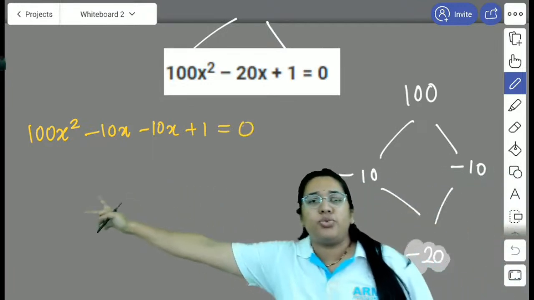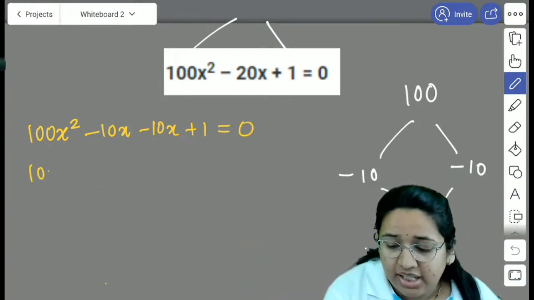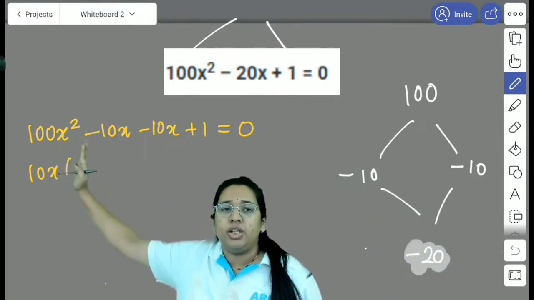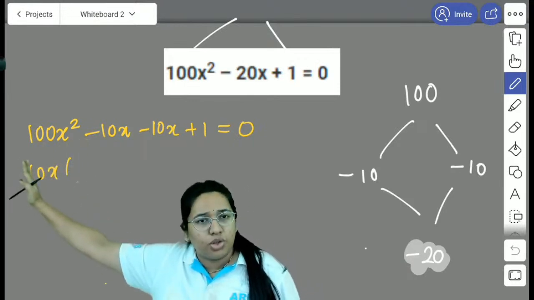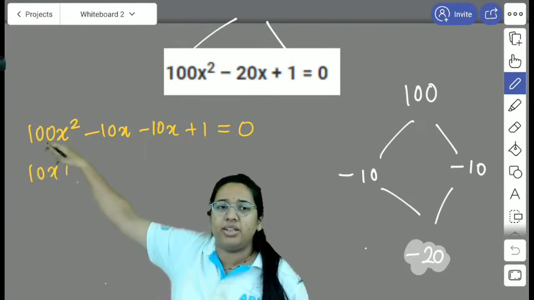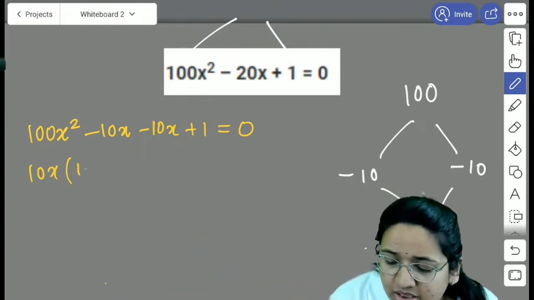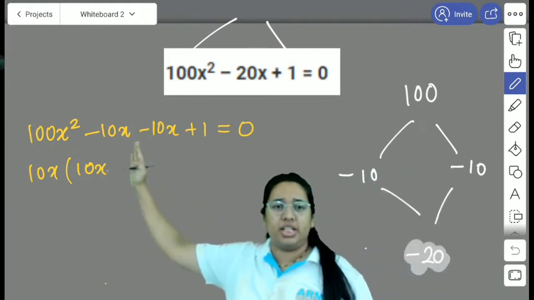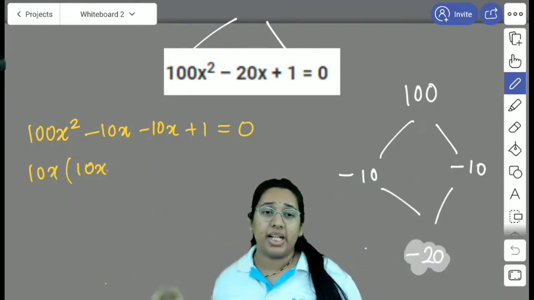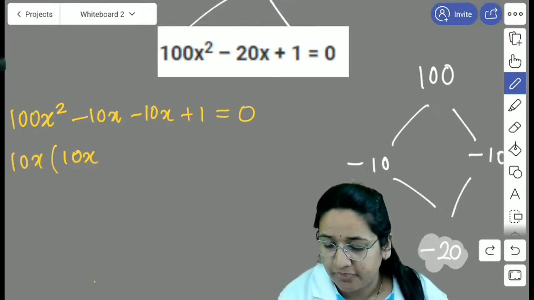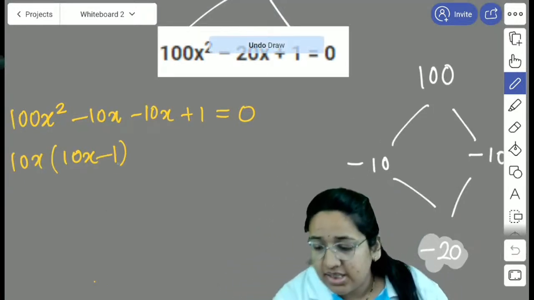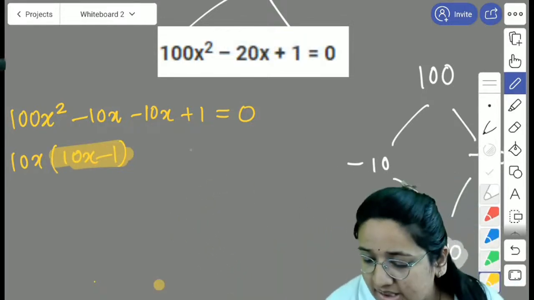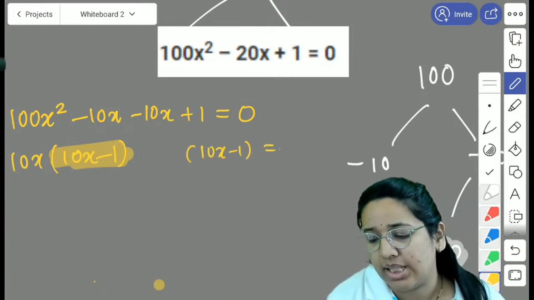So from the first two terms, I can take 10x common. The first part is 100 times x square; if you take 10x out of it, you divide the first term by 10x, and obviously its answer will be 10x. And then there will be only minus 1. Now the second part is that we just have to repeat the whole bracket as it is, that is 10x minus 1 equals to 0.